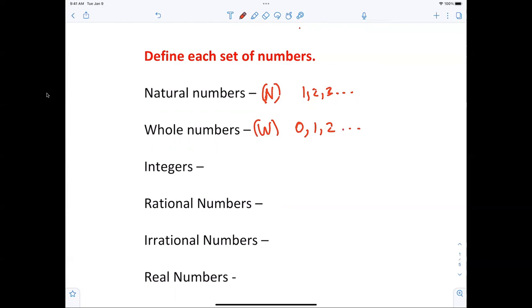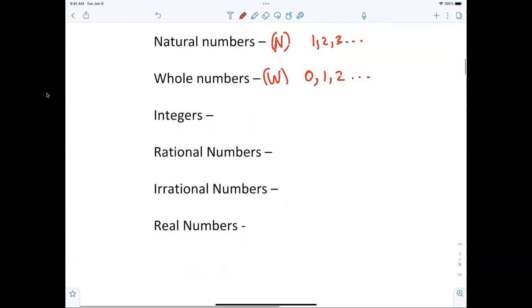Now integers. Does anybody know what letter that is? It's Z. For some reason, they chose Z to be the abbreviation for integers. The people who wrote this a long time ago.